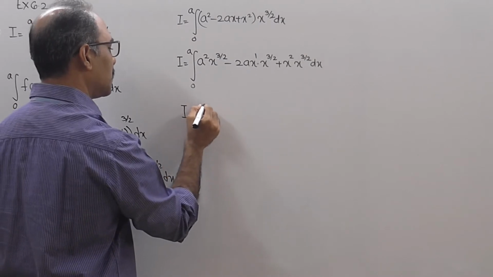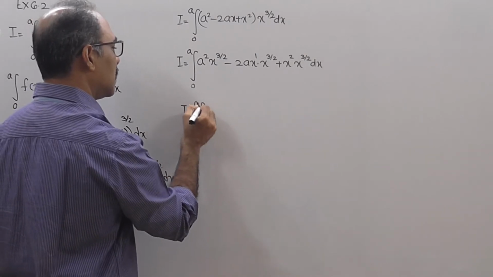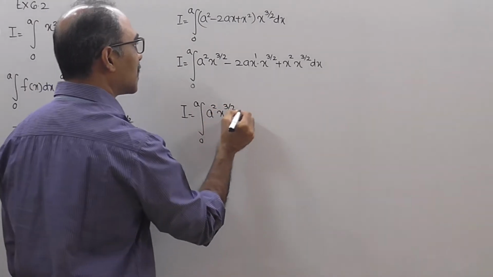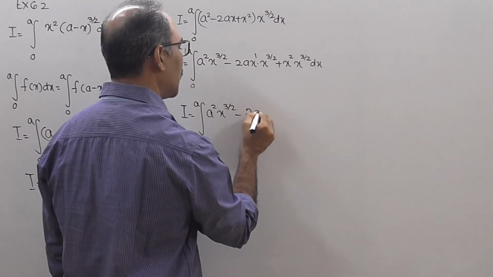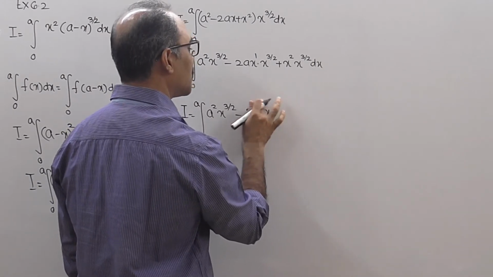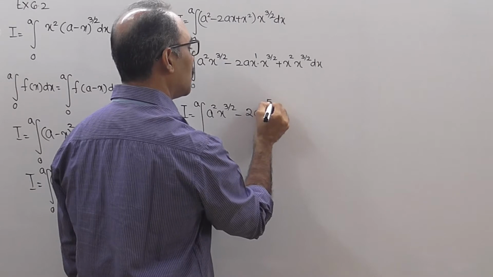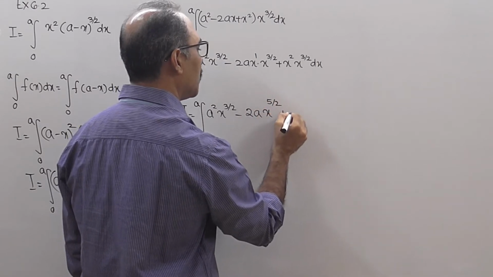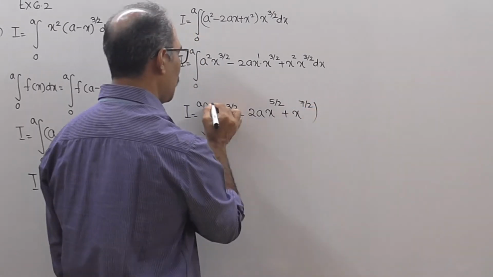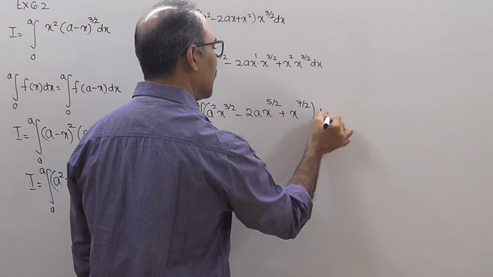So this becomes integration 0 to a, a square x raised to 3 by 2, minus 2a, x raised to 1 into x raised to 3 by 2 is x raised to 1 plus 3 by 2, which is 5 by 2, plus x raised to 7 upon 2, dx.